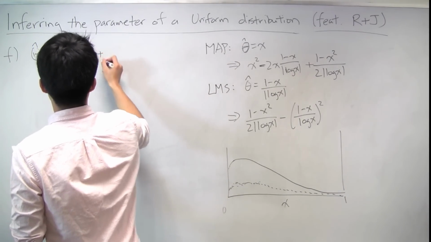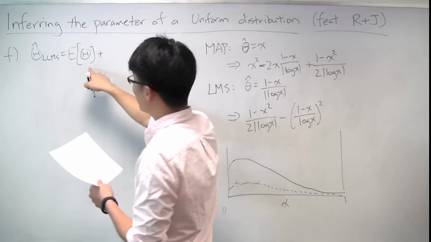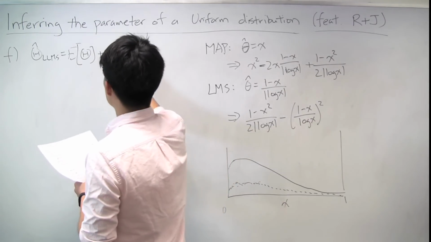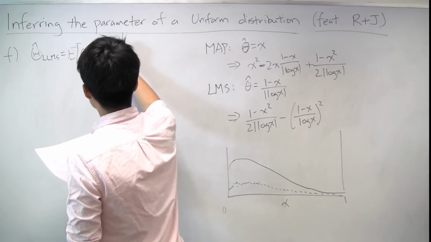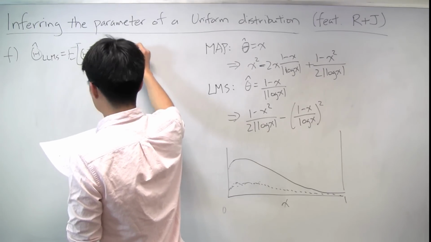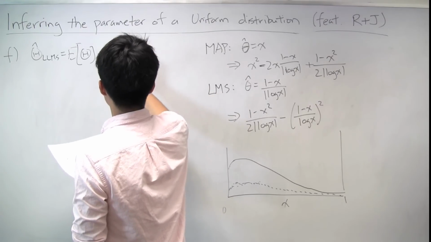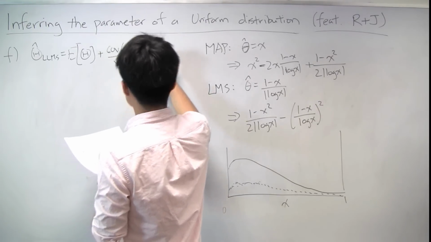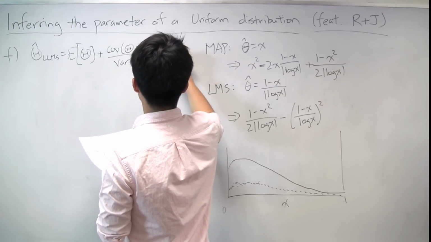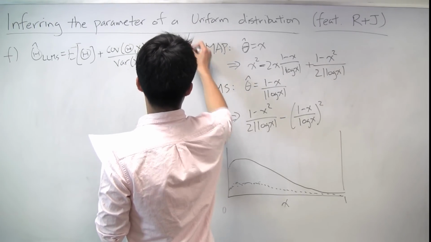So it's equal to the expectation of the parameter plus the covariance of theta and x over the variance of x times x minus expectation of x.